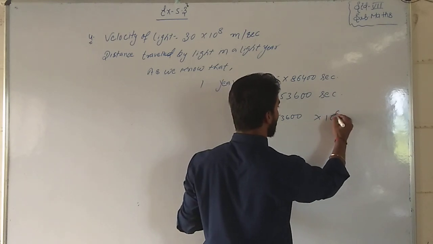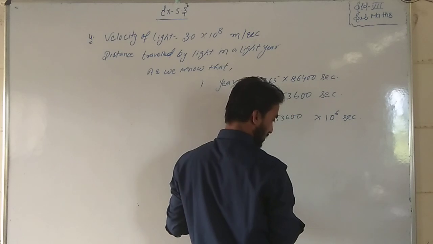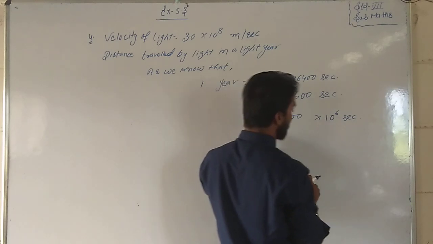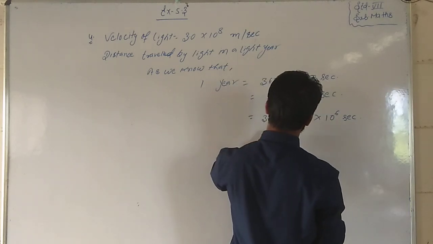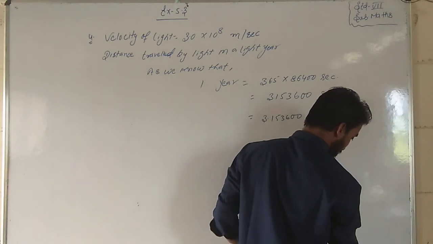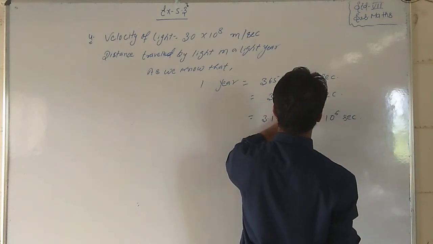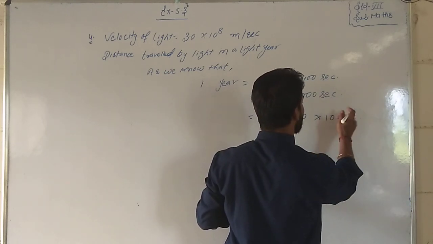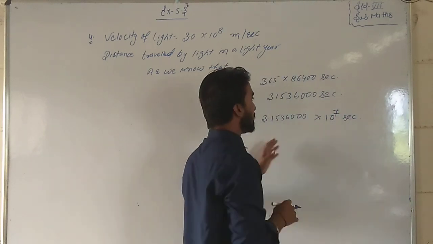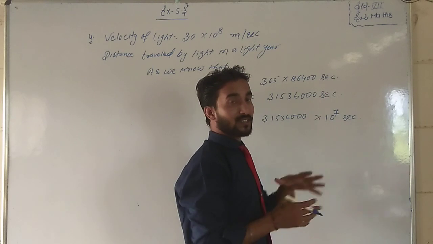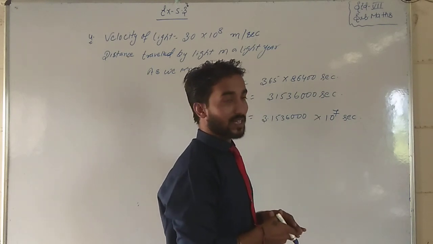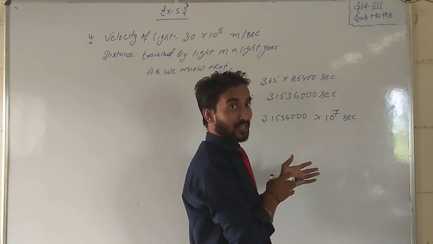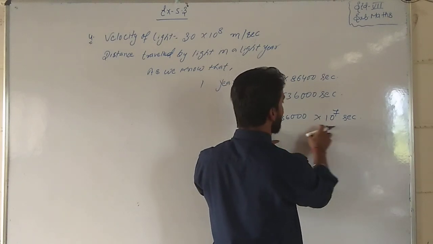It means 10 to the power 7 seconds. Students, it will be far better if you multiply and check the original value yourself. I have already done it, but you should try it by yourself. So 3.1536 is your answer.